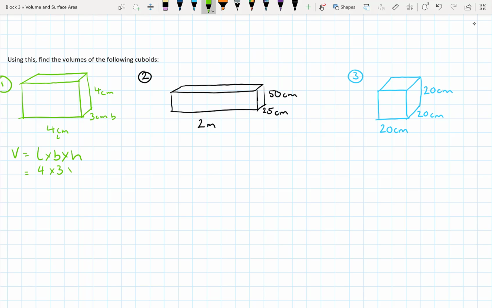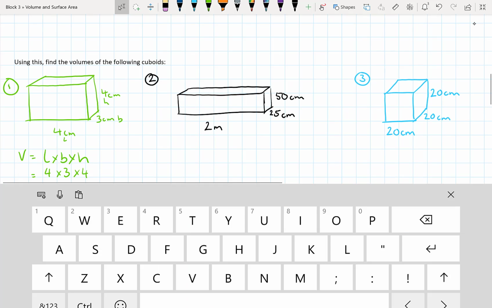So I've got a length of 4, a breadth of 3, and a height of 4. 4 times 3 is 12, times 4 is 48. Now the difference with this one is that we've got some units. The lengths of the lines are in centimetres, so we're dealing with 48 centimetres, but now we're dealing with volume, so we need to signify that we're looking for something in 3 dimensions. So we need to put our little 3 there and talk about cubic centimetres.